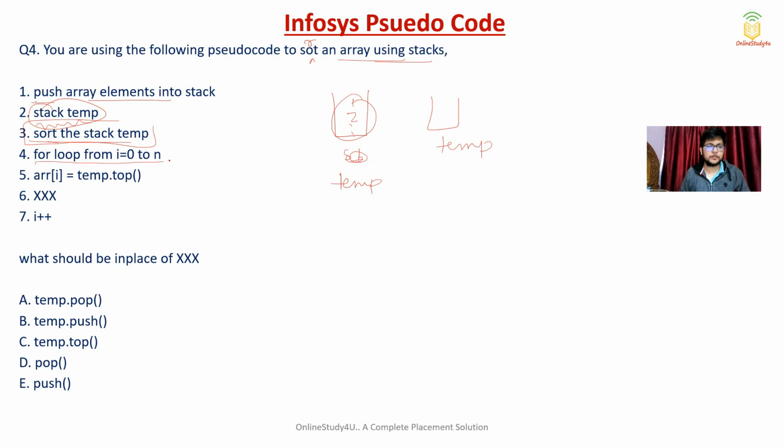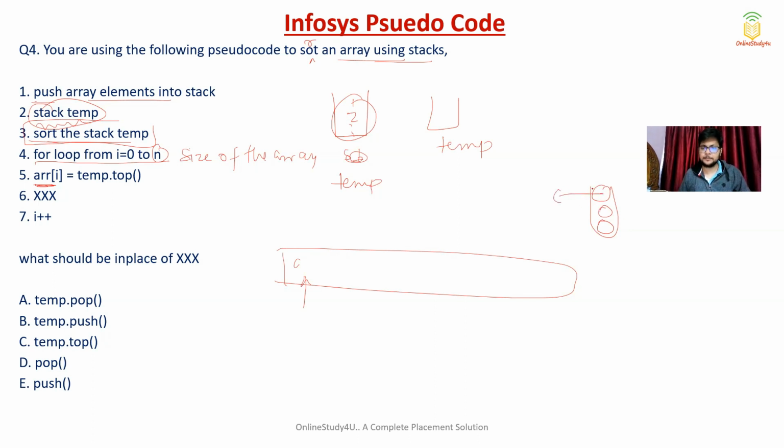Then I am looping from 0 to n, that is the size of the array. And I'm putting it back into the array. Let's assume these are the numbers, so this is st.top, and let's say this array is sorted.